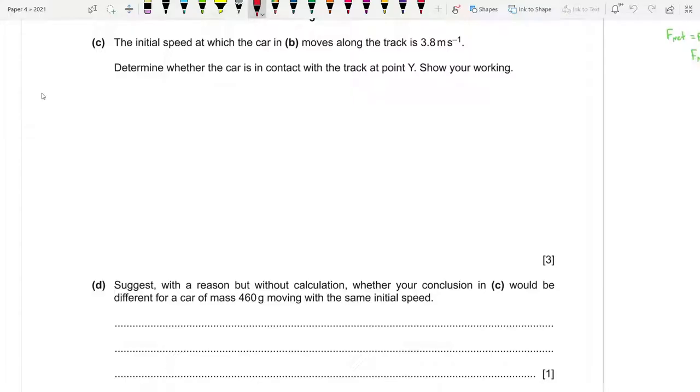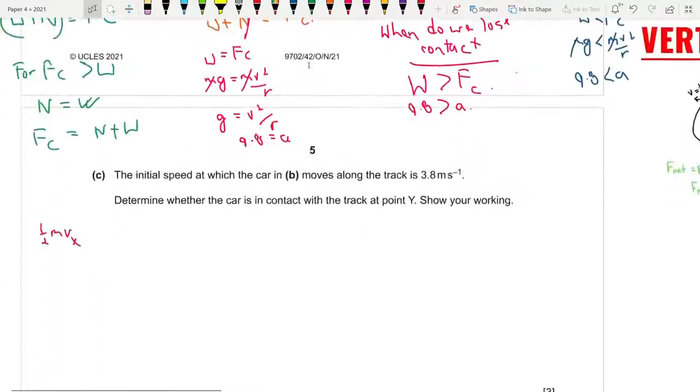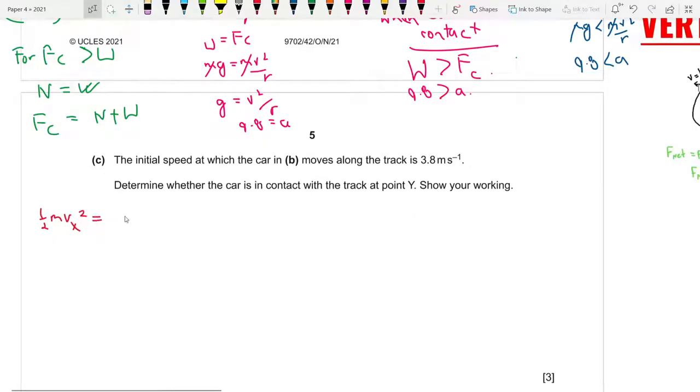So what's happening? Initial K, half m Vx squared at position x. Initial K is equal to final K, half m Vy squared at the top, plus the GP mgh. So we can get rid of m. What's the speed at x? 3.8.